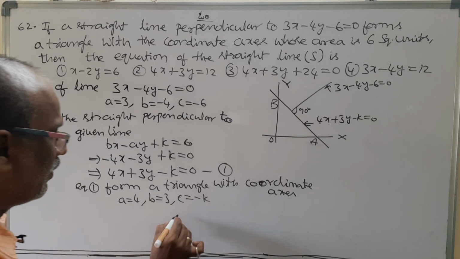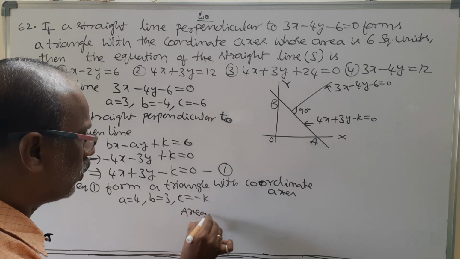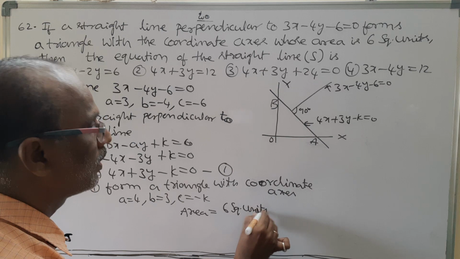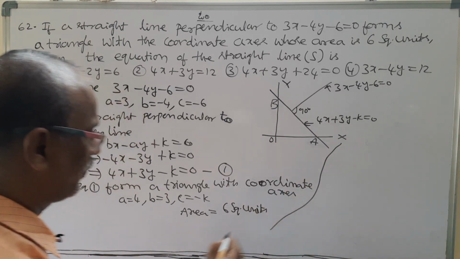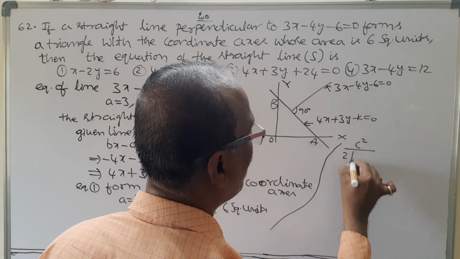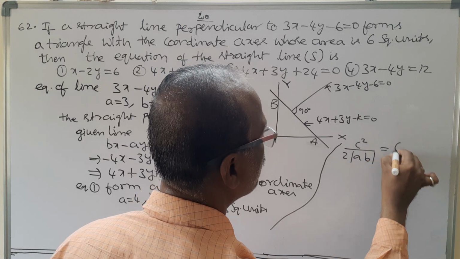Here the area is given in the question. Area is equal to 6 square units. Apply the formula c square by 2 mod ab is equal to 6.